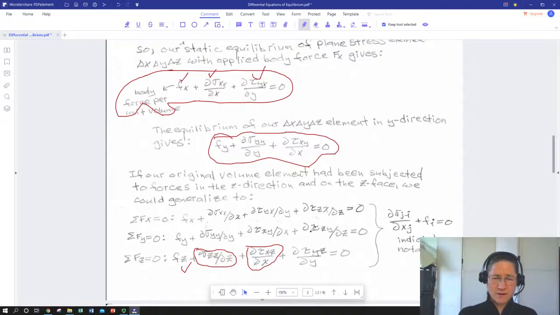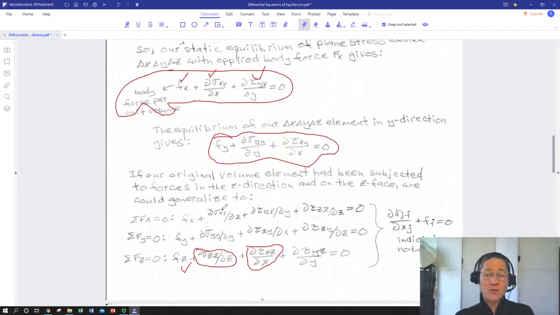So we're seeing a pattern here. Body force in a given direction, rate of change of normal force pointed in that direction, on that face, with respect to that direction, and then the rate of change of the shear forces on a given face with the change in position of that face, basically.